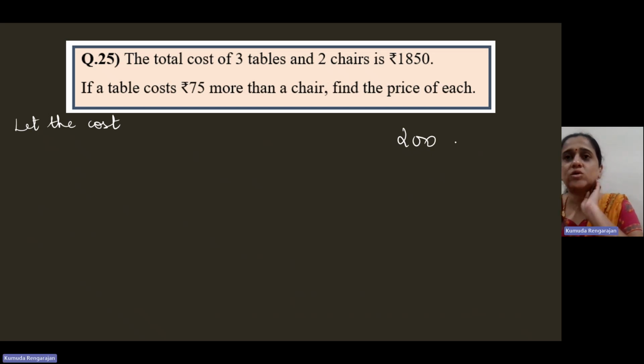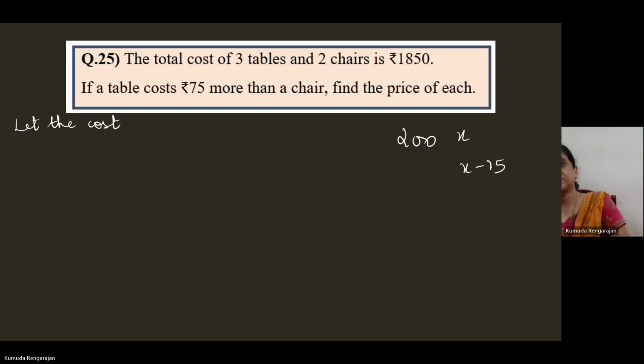So if you take the cost of the table as X, then chair will be X minus 75. You can take the cost of a chair as X or table as X. Anybody can be assigned X.